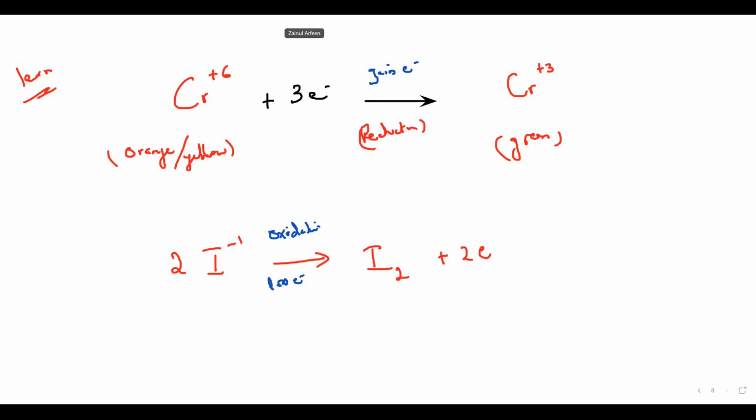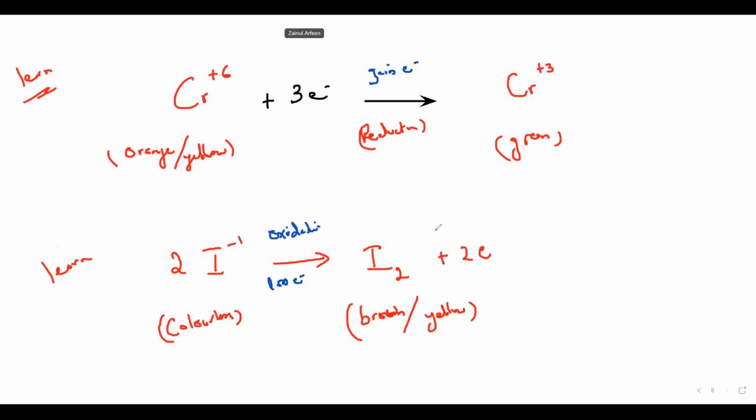Now the color which you have to learn: iodide ion is colorless, it does not have any color, but the iodine molecule can be brown. If it is high concentration iodine in water, it will be brown, or if it's low concentration iodine, then it will be yellow. So these colors you have to learn for three of them.